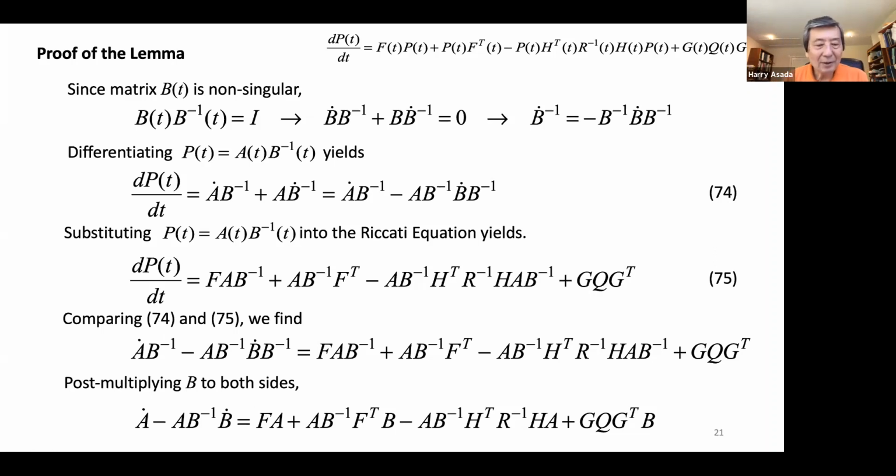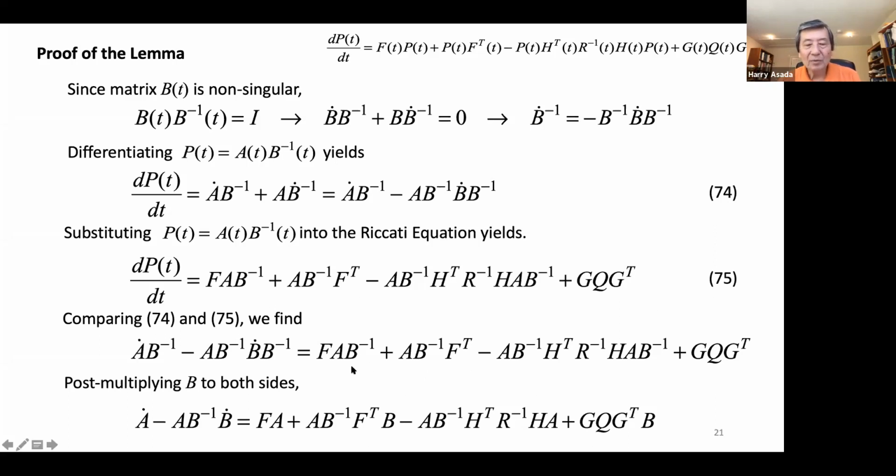Okay, now we got two expressions for dP/dt. One is in equation 74, and then 75. So we can equate the right-hand sides. That results in this expression. Okay, now we make the following trick.